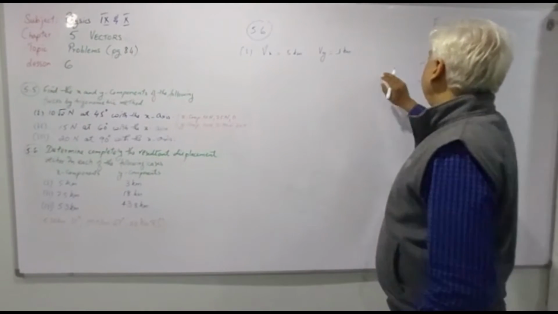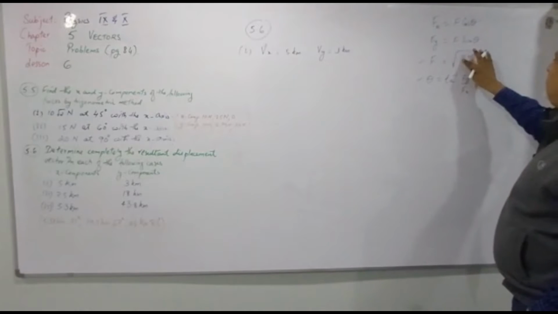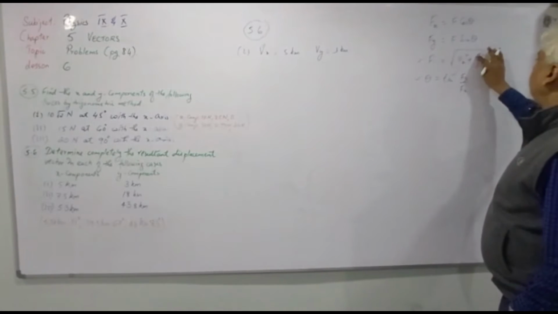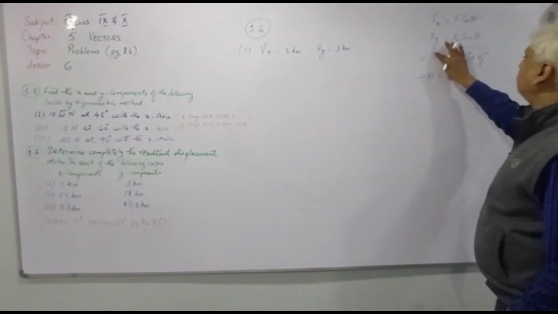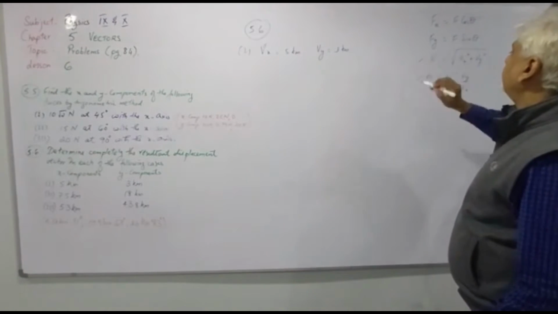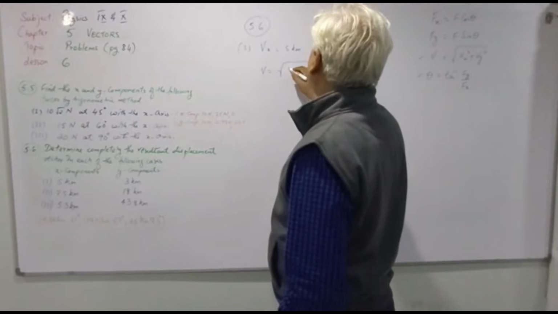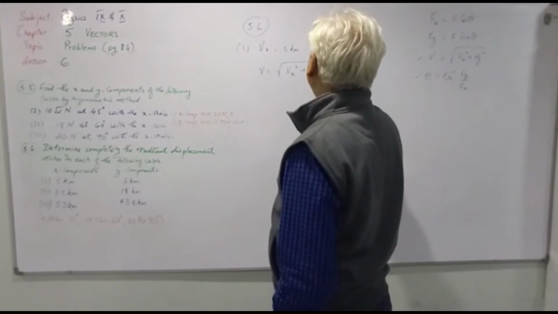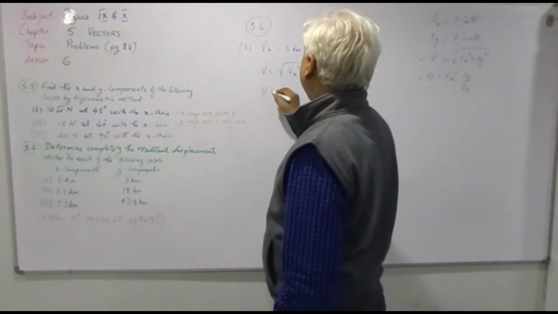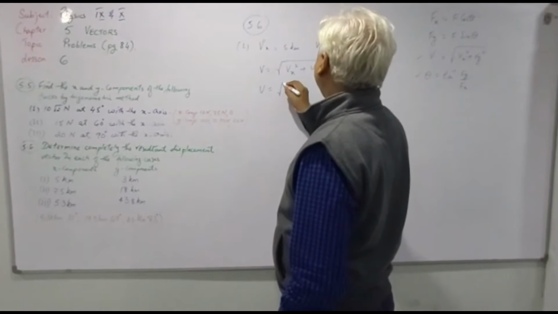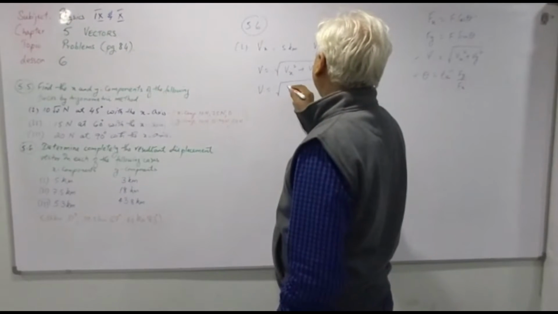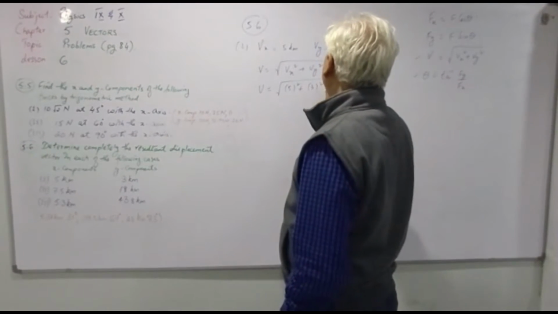So for the resultant vector V, V is equal to the square root of Vx squared plus Vy squared. So V is equal to the square root of 5 squared plus 3 squared.